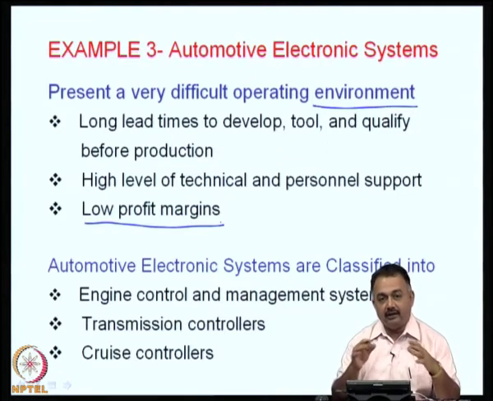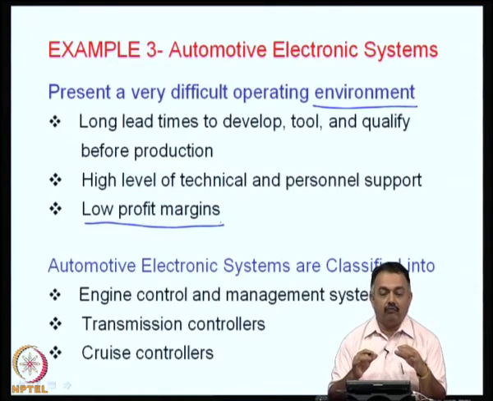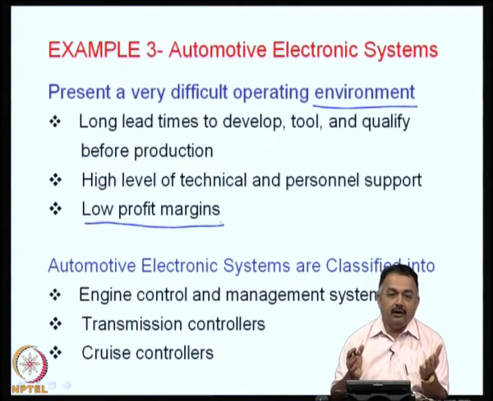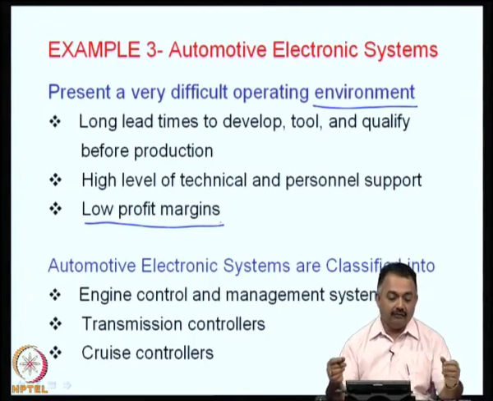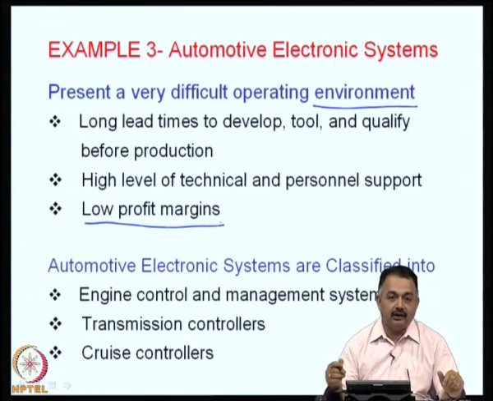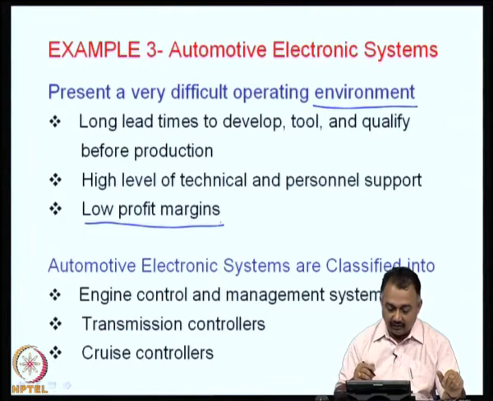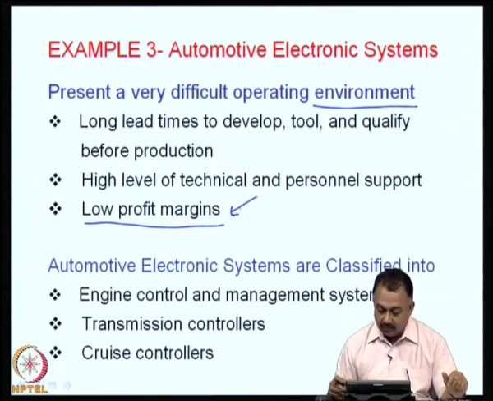So, these are all interrelated: cost, volume and the level of technology that you have integrated into the electronic system. So, please remember this item very much for automobile systems.